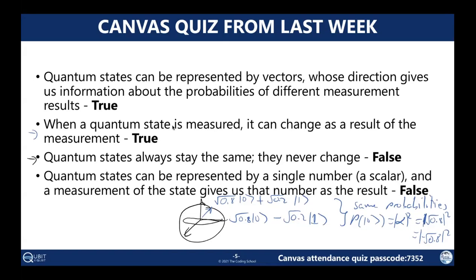That's the whole foundation the field is built on. If the quantum states always stayed the same, that would not be able to happen. And then the final statement: that quantum states can be represented by a single number, a scalar, and the measurement of the state gives us that number as a result.